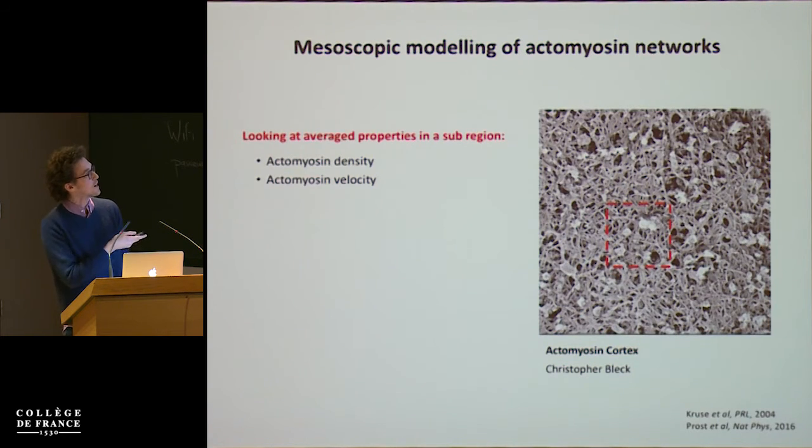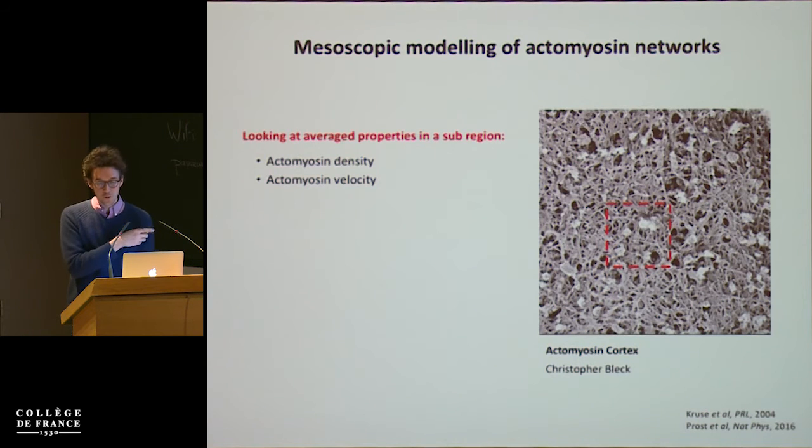The general idea, developed in particular by Jean-François, is that there's a huge amount of variables in actomyosin, but most of them you don't really care about if you're imaging. In normal imaging, you're only looking at a smooth average over some micron scale. So what you're mostly interested in is a very small number of variables, such as actomyosin density and velocity.